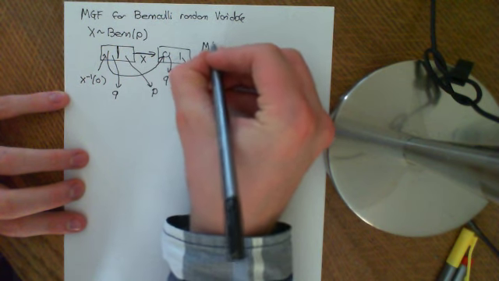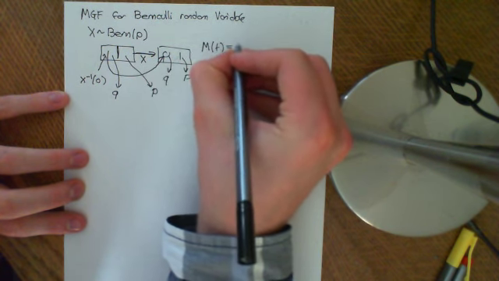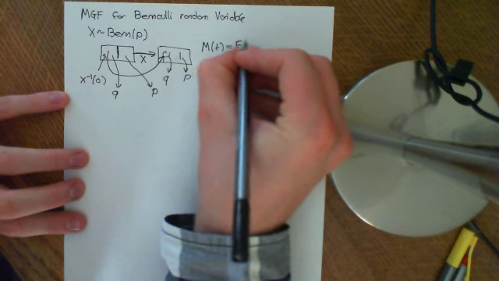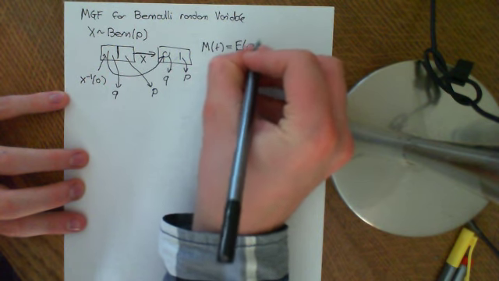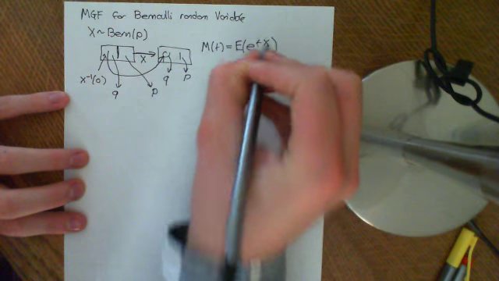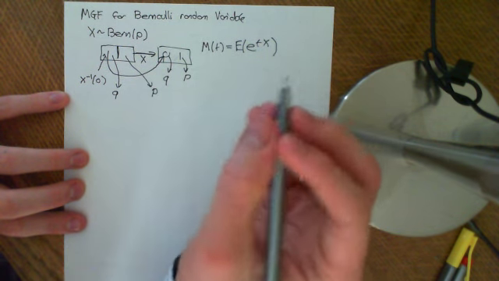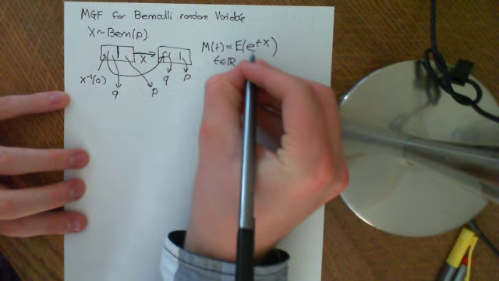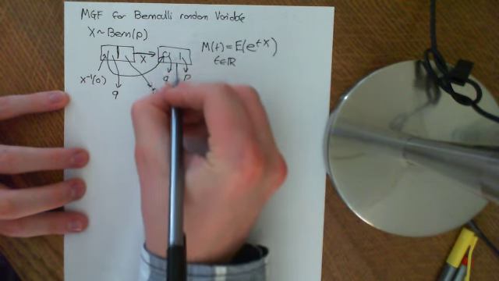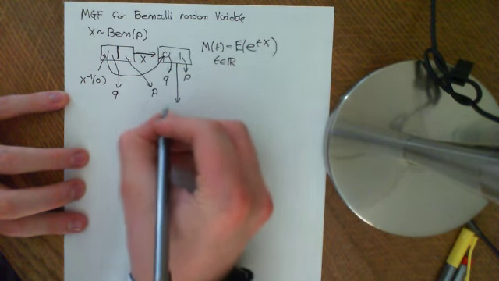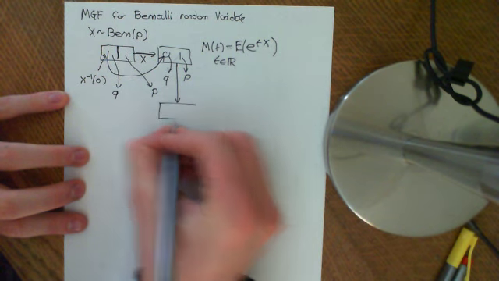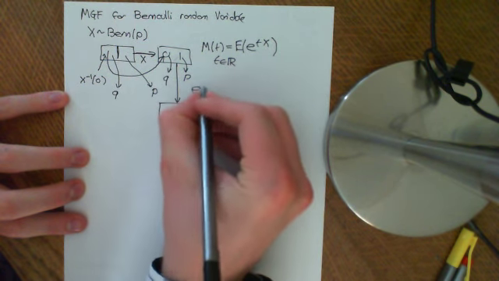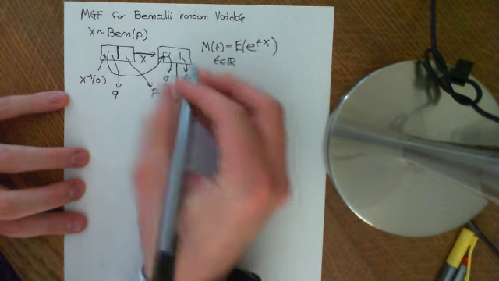So the moment generating function M(t) is by definition equal to the expected value of e to the tX. So you vary t, an element of the real numbers, and we have a mapping which is going to exponentiate each of these. So this is going to be the exponential of tX.